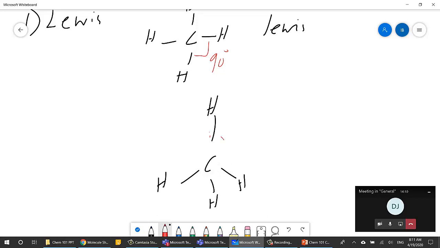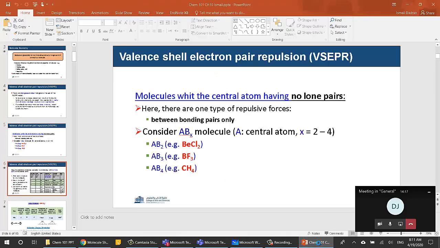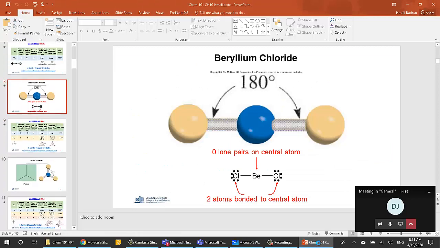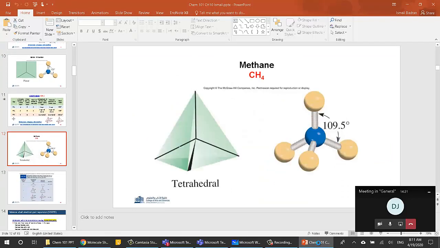This angle is 109 degrees. Okay, so usually in the book, this is how you draw methane. It's a tetrahedral structure. Okay, so that's the first example in our story today.